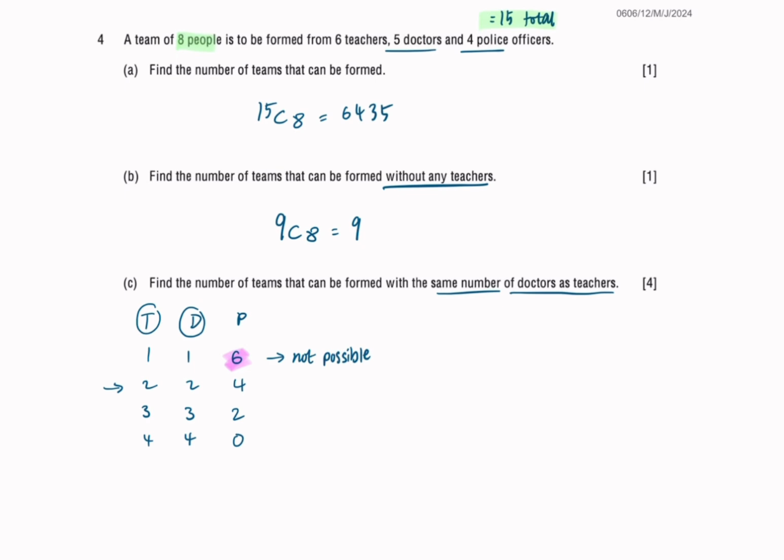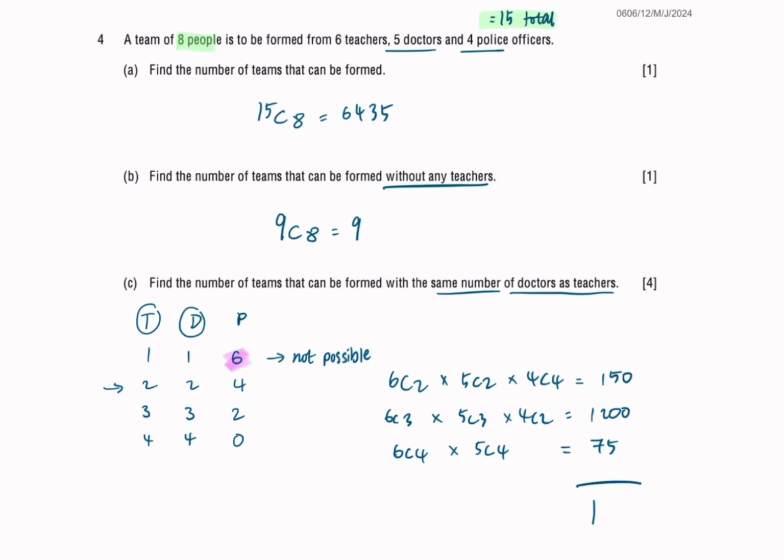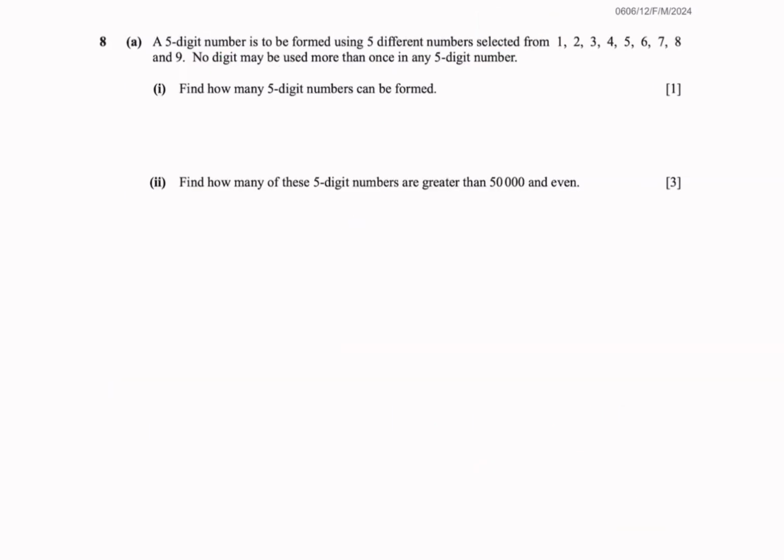You have 6 teachers, so 6C2, and then 5C2 times 4C4. Okay, now you just repeat the same thing for each line. Okay, so you have the possibility for each one of them. Now you can just add all of them up to give you 1425. That's the final answer.